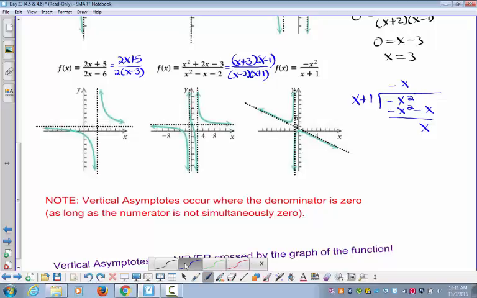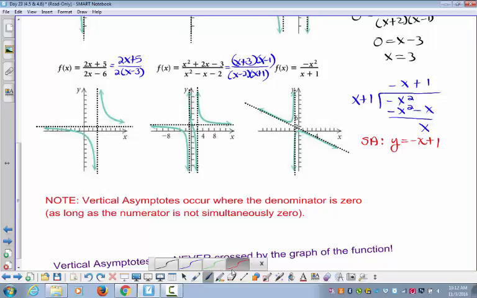And then what times x is x? 1, and now we're done. As soon as we get to the constant, the quotient is the asymptote. The quotient is the asymptote. So our slanted asymptote, in this case, is y equals negative x plus 1, which is that thing right there.